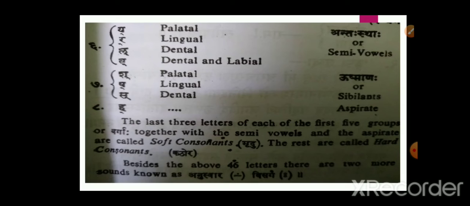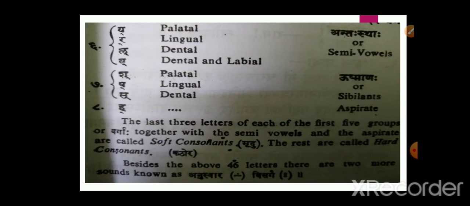Aspirate means the letter Ha. So all these are the soft consonants. Let's revise the soft consonants. The last three letters of each of the first five groups and four semi-vowels and an aspirate Ha.